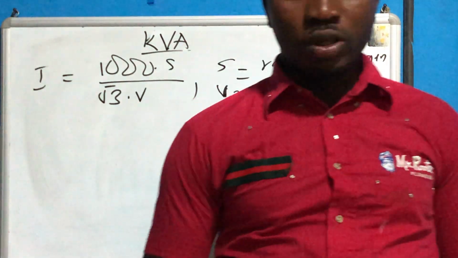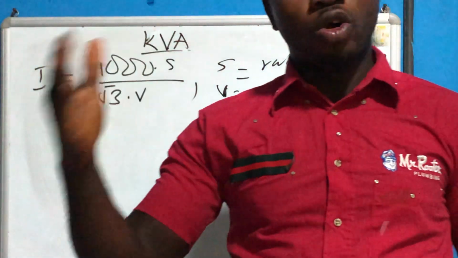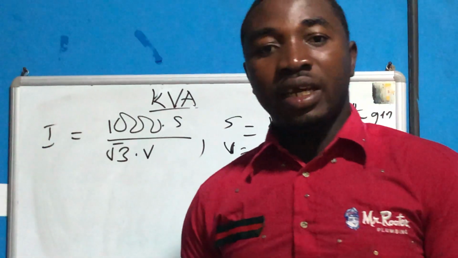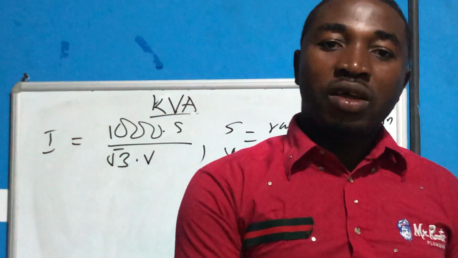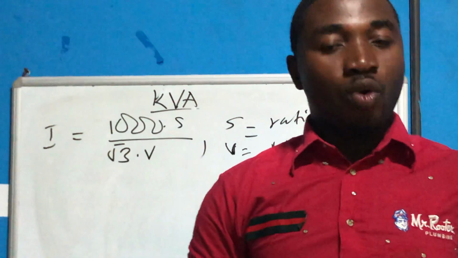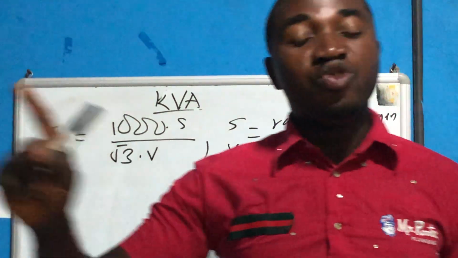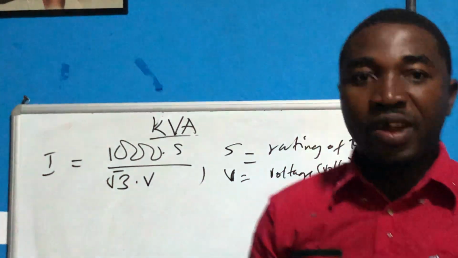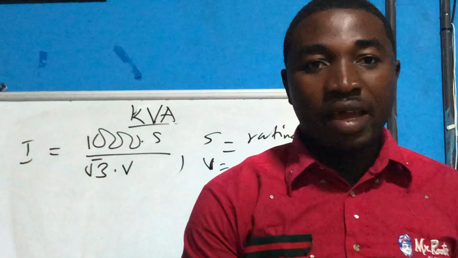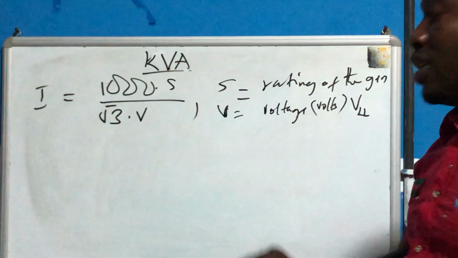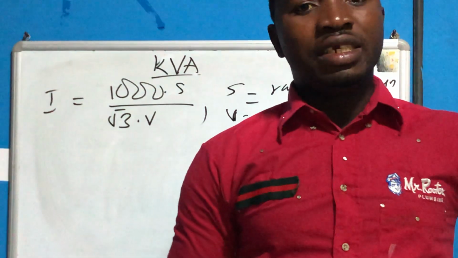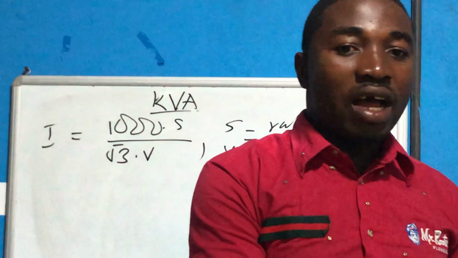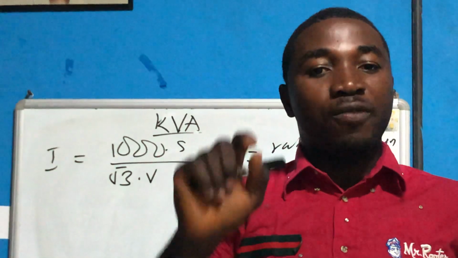There are 2 types of voltage: phase voltage and line voltage. Phase voltage is the voltage measured between the live conductor and the neutral conductor. So the potential difference between the line and the neutral is what we call the phase voltage, and the line voltage is the potential difference between two live conductors.